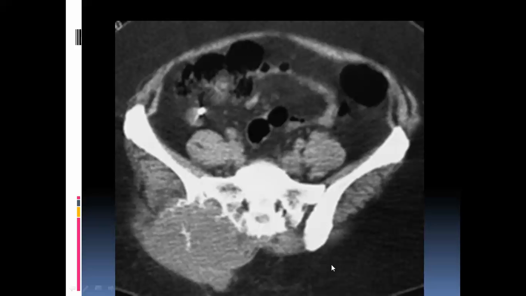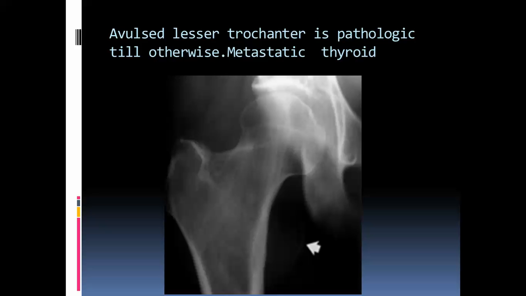neuroblastoma. Yes, neuroblastoma deposits in babies and children. Avulsed lesser trochanter here is pathologic usually, and it can indicate a deposit.